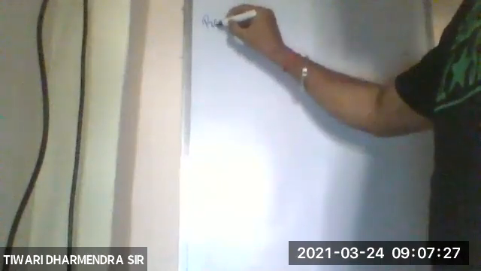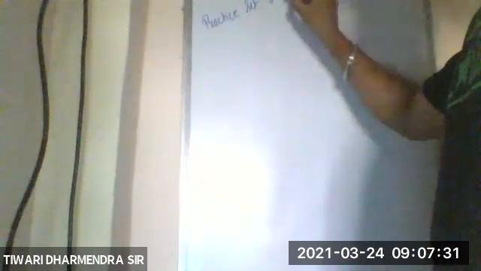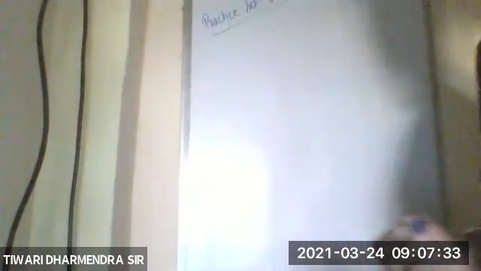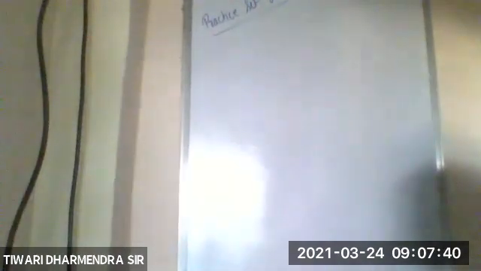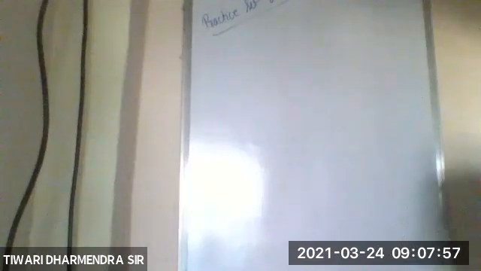So, practice set 8.2. What they have given, question number 1. In the following table, a ratio is given in each column. Find the remaining two ratios in the column and complete the table. Let me tell you that according to the reduced part, due to this pandemic, the state board has reduced some part.